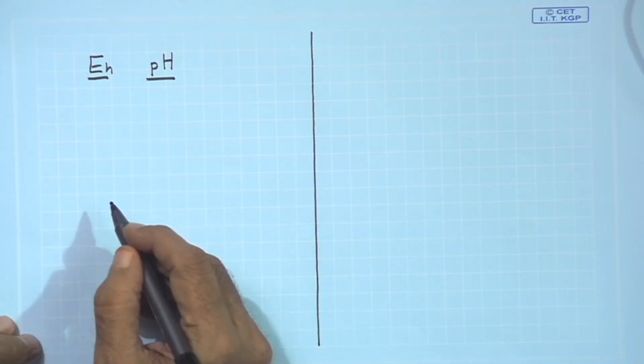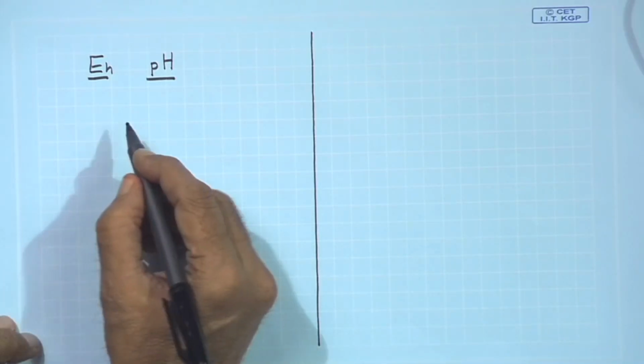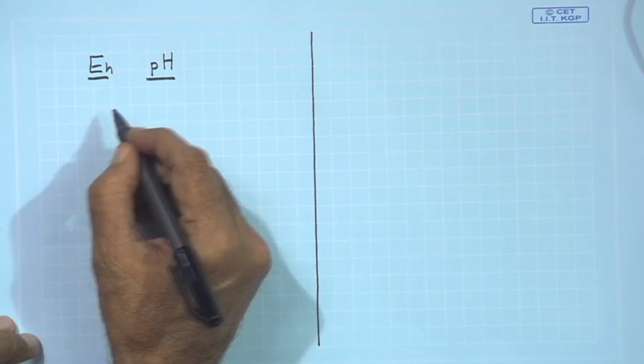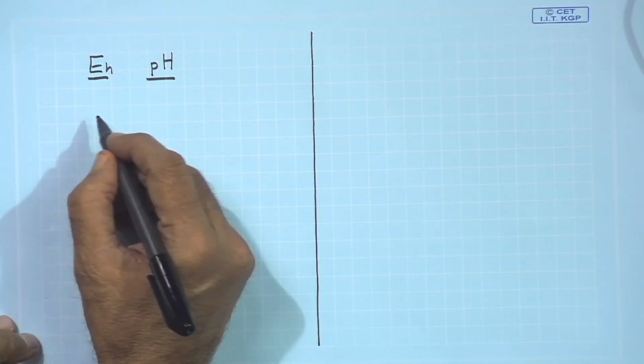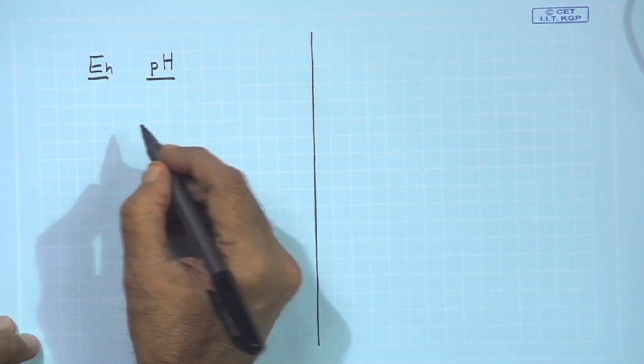Even though I will be giving the details in supporting notes, I would just like to make a simple sketch of how this kind of Eh-pH diagram can be constructed.